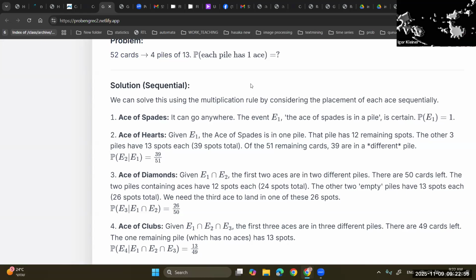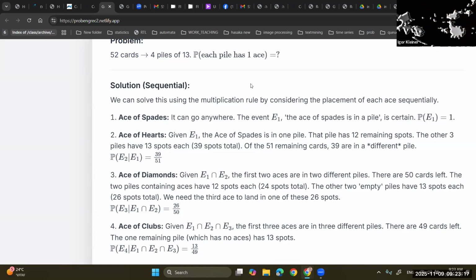It says that the ace of hearts and the ace of spades are in different piles, with different persons. That's all.